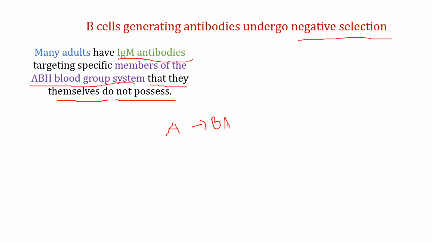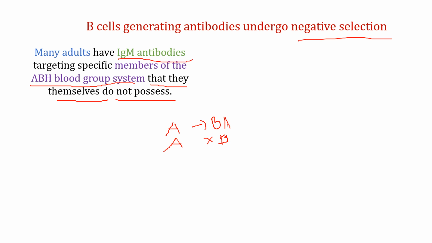However, Sarah does not have the B antigen in her own blood, because she has blood type A. So the A type antigen is present in her body, but B is not.